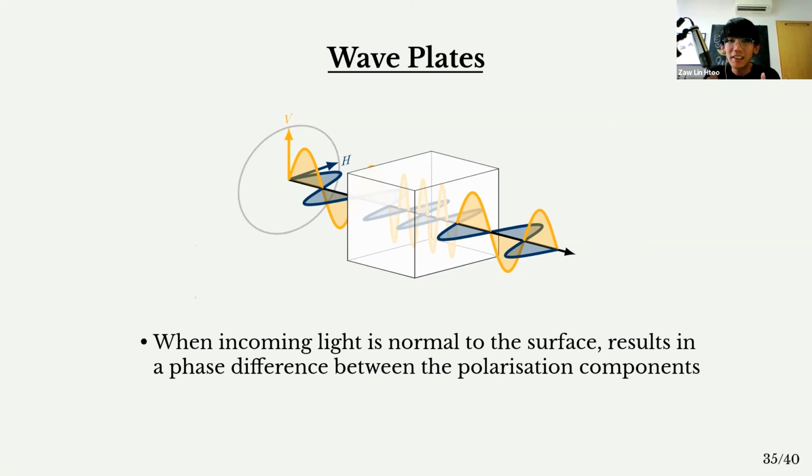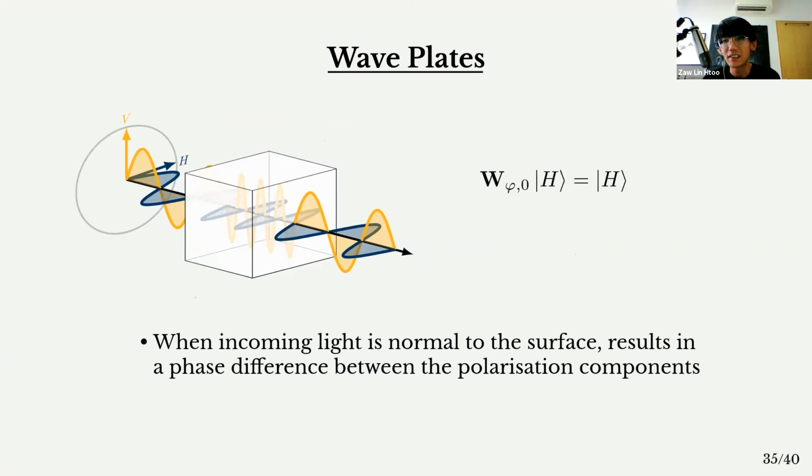And so depending on the thickness of the material and what the material is, what happens when it comes out is that the light components between the H component and the V component will be out of phase. There will be some phase difference between the two of them.